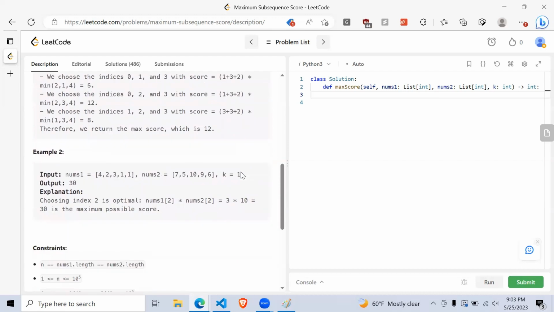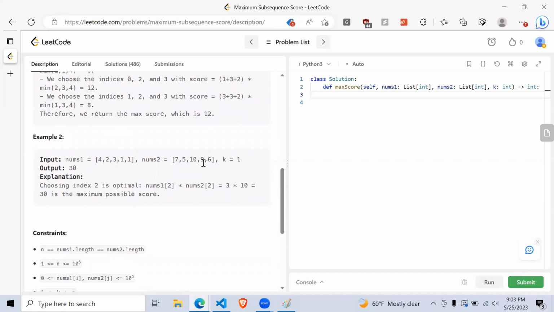Let me use this example 2. Let's say we choose our minimum to be 5. And k equals 1 is actually kind of trivial in this case, so let's say that it was k equals 2. If we pick our minimum to be 5 in nums2, which corresponds to 2 here, it doesn't matter what these other values are, because they're all smaller than 5.